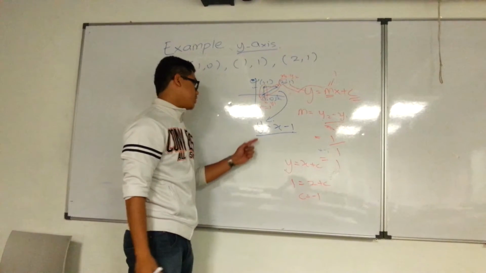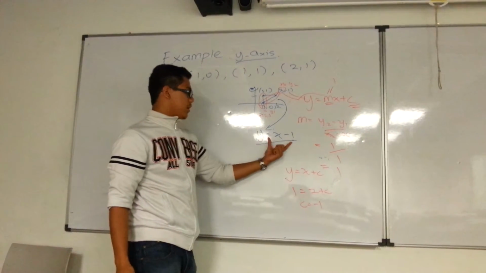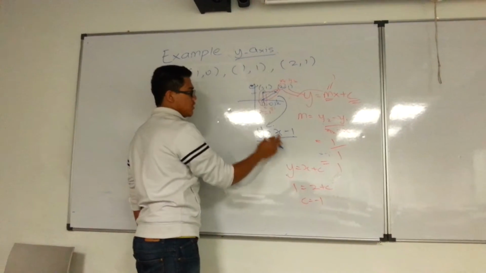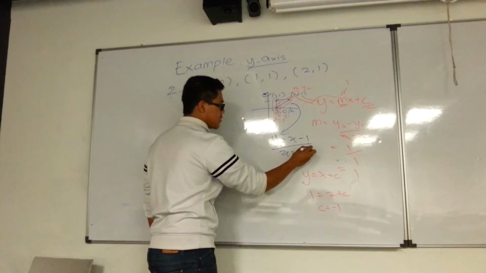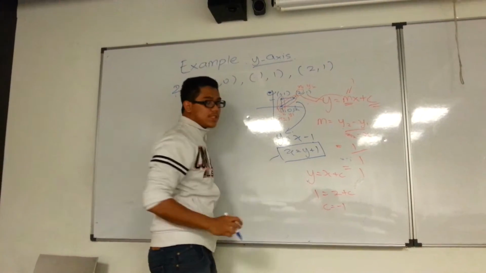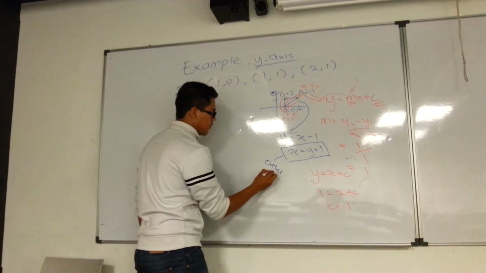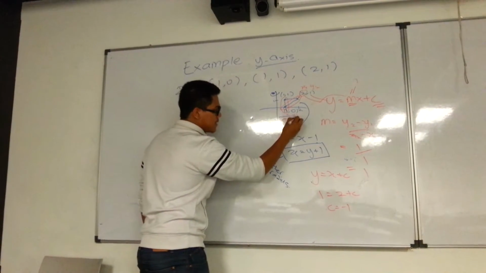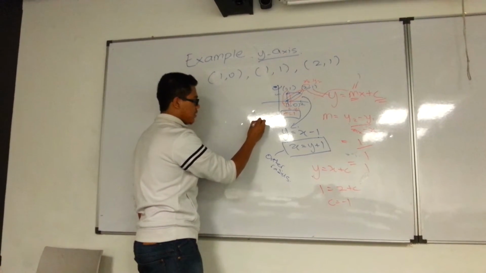Not done yet because this is the value of y. We want about y axis, so x is equal to y plus 1. This is the outer radius. And this is the inner radius.